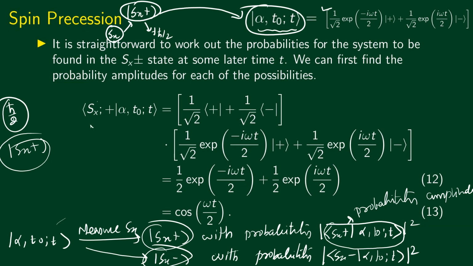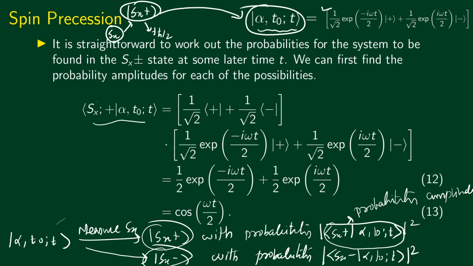So what we get here is the component of |α, t0; t⟩ along |Sx+⟩. Now how do you find this component? You take the inner product ⟨Sx+|α, t0; t⟩. All right. So this is the probability amplitude for getting a value +ħ/2, or equivalently for the system to change to the state |Sx+⟩.